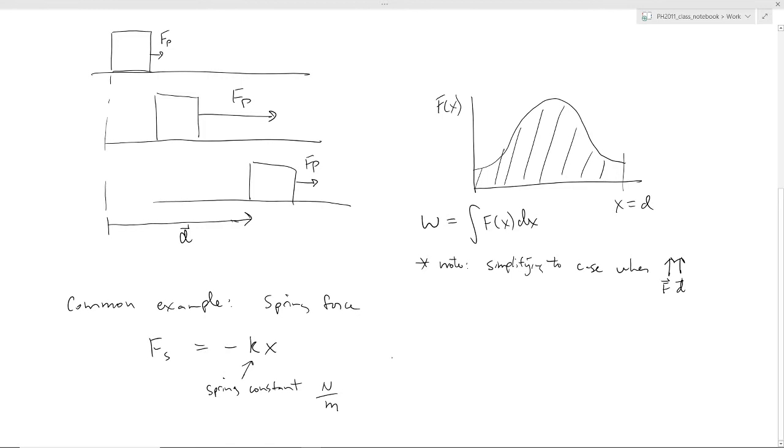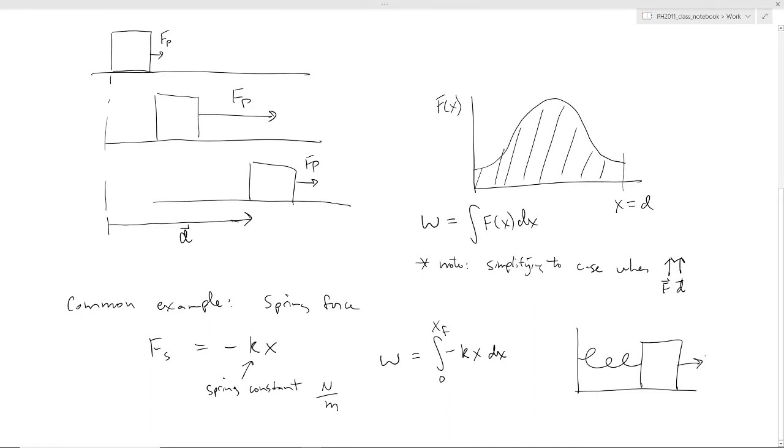So we can find the work done by the spring force by integrating this. I'm just going to call it from 0 to some capital X final. Oh, and let's of course draw ourselves a picture. So we have a spring, we have an object attached to the spring.